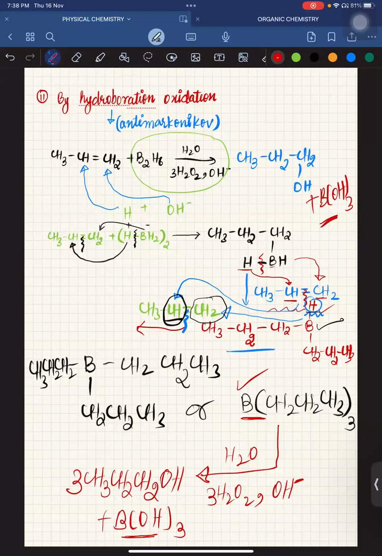So this step is given in NCERT actually. You can directly apply this anti-Markovnikov, break the double bond and you will get this. I think it's clear to both of you.